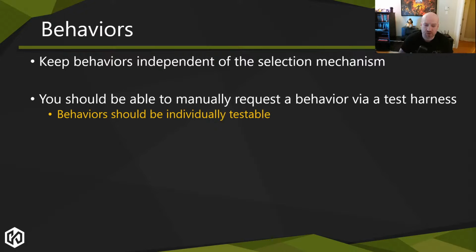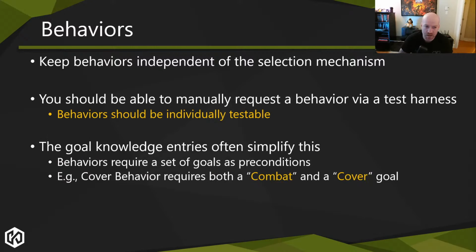Again, I'm going to sound like a broken record, but try to keep the behavior separate from the selection mechanism. The idea here is that you should be able to test the behavior via a test harness. I should be able to say, hey, I want to trigger a melee attack behavior and test out that behavior. The goal knowledge entries that I mentioned earlier kind of simplify this because fundamentally they act as the primary preconditions for these behaviors.